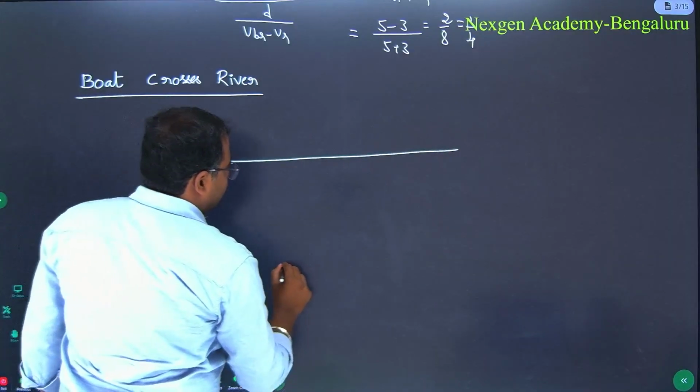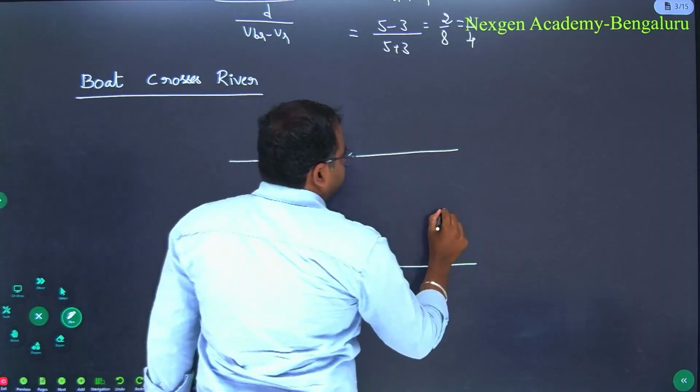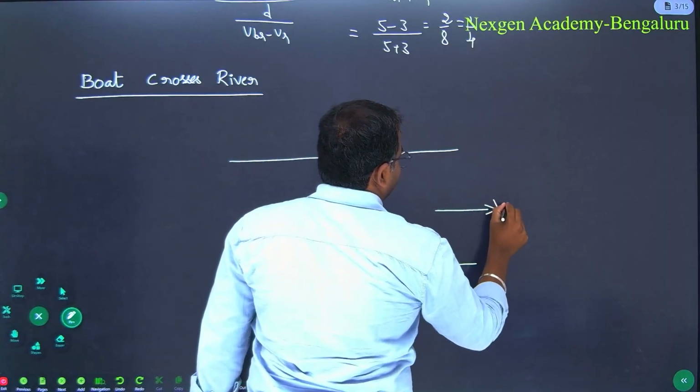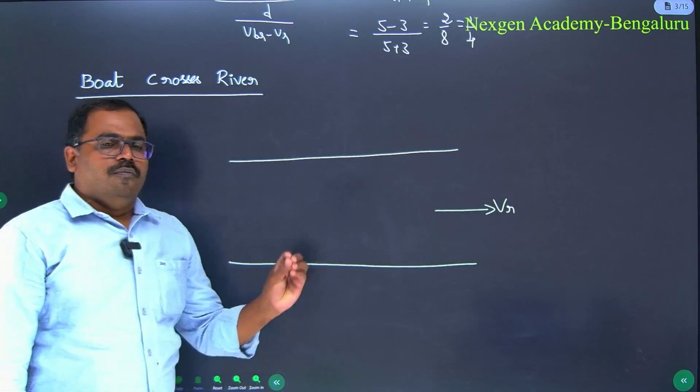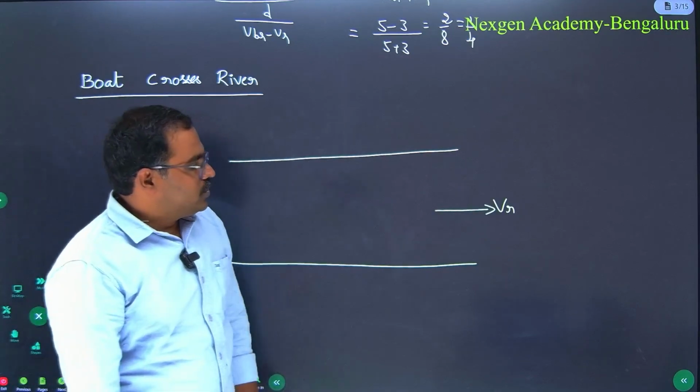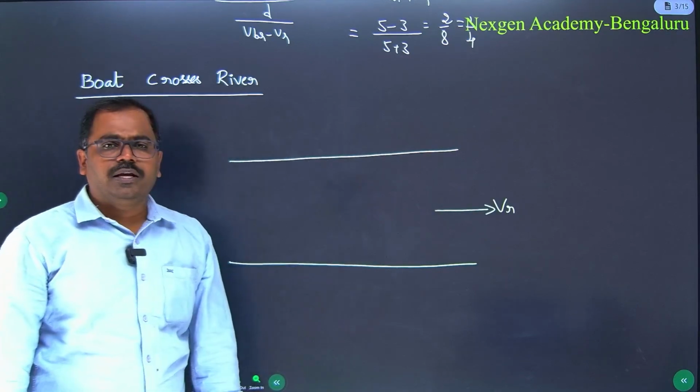Imagine a river is flowing. This is the velocity of the river, the absolute velocity, in the sense the river is flowing in this direction with a magnitude of VR.